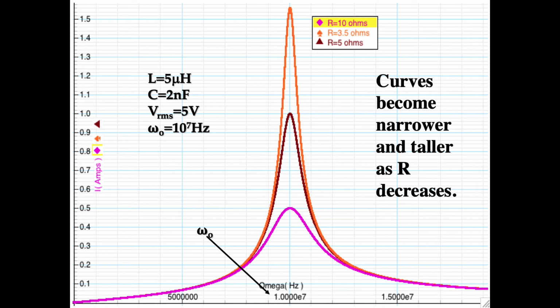Well, why do you want to use 3.5 ohms? Yeah, you're going to select that frequency, right? You want it to be tall and narrow. If you use an LRC circuit to pick out a radio station, and the peak is wide, you're going to pick up more than one radio station. Your circuit is optimized for more than one radio station. If you make it tall and narrow, then your circuit is optimized to pick out a particular radio station. Does that make sense?